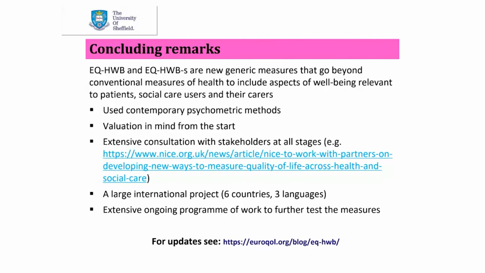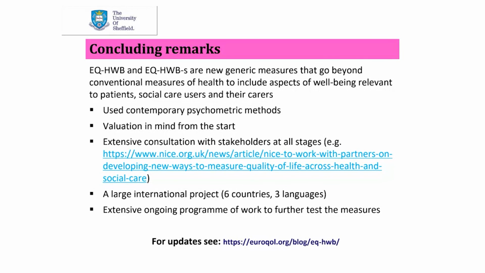In terms of Dahlia's question, I think the way we see it is it's very much a complement to EQ-5D. So if you're still basically primarily concerned with health, and many agencies are, like NICE for example, then EQ-5D is there, and it's still going to be, I suspect, the workhorse for QALY calculations for years to come. I think what our measure does, the EQ-HWB, is that it provides a complement.